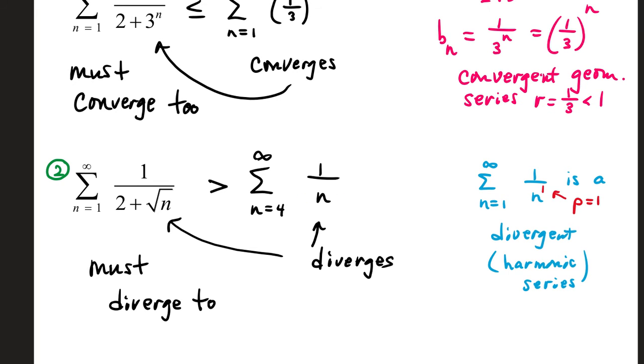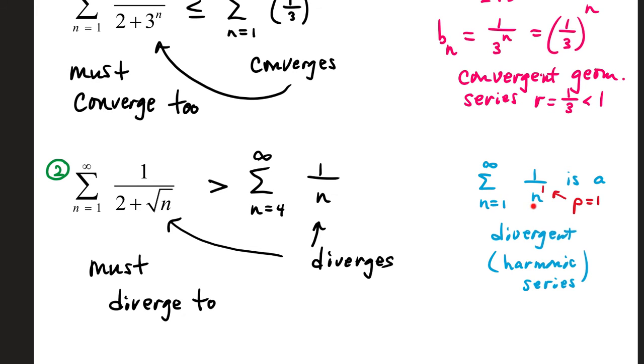Now, if I try to use 1 over square root of n, it's actually not smaller because it has a larger denominator. But if we compare 1 over n, it has a larger denominator than this one, therefore it's going to be smaller term by term.